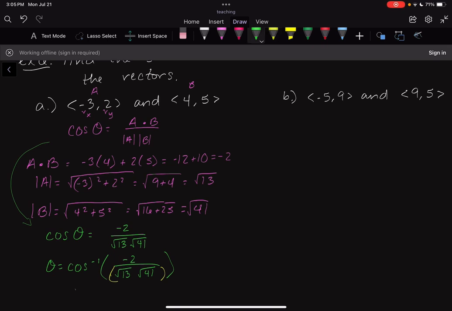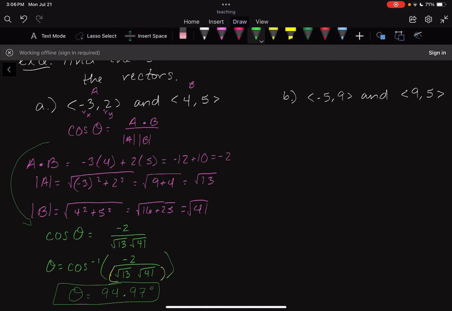And the answer you should get for this one is 94.97. If you get any kind of error, I am very sure that it's a parentheses error. You're welcome to let me know, and I can always jump on a call with you and look at how you're plugging it in and let you know.